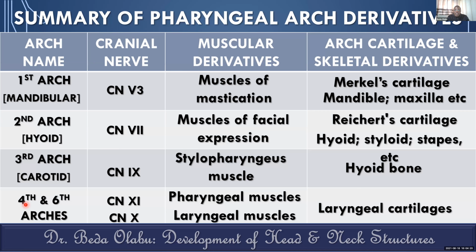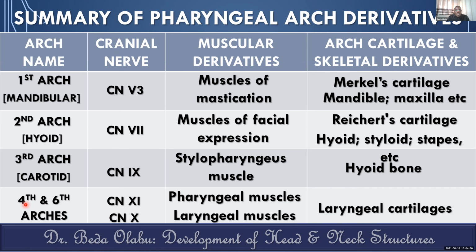Then the left fourth pharyngeal arch artery is the one that becomes the arch of the aorta. And so again, in principle, we see that the fourth arch arteries are the ones which actually push down the recurrent laryngeal nerve, so that on the left side, the recurrent laryngeal nerve recurs under the arch of the aorta.